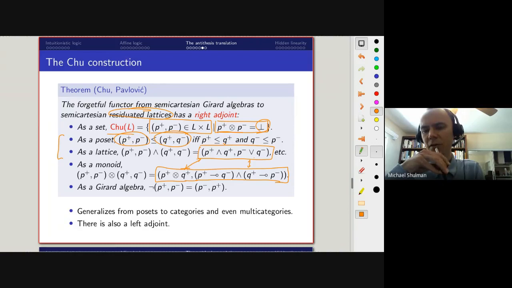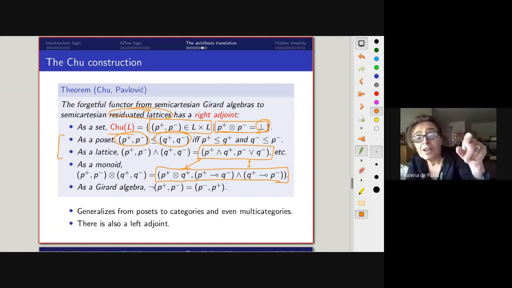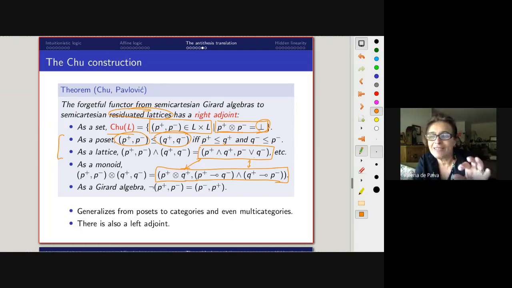Sure. So I made a mistake, because I thought you had said somewhere that you were making the tensor the same thing as the with, but clearly not. And certainly not on this fake BHK construction, right?